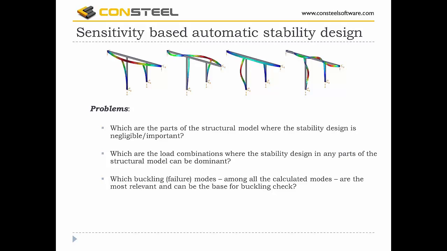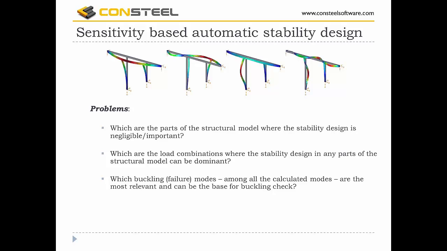The second is regarding load combinations. The same, if we have a very large number of load combinations, which can be dominant for stability design. And finally, if we calculate a lot of failure modes, what are the most relevant for the critical members, which can be the base for any kind of buckling check.